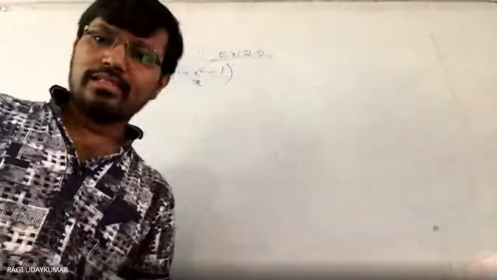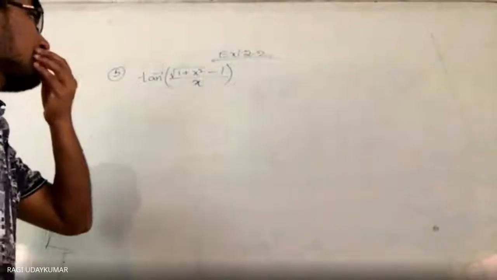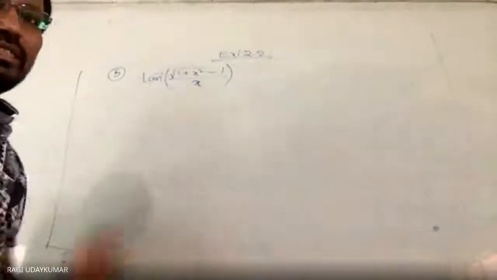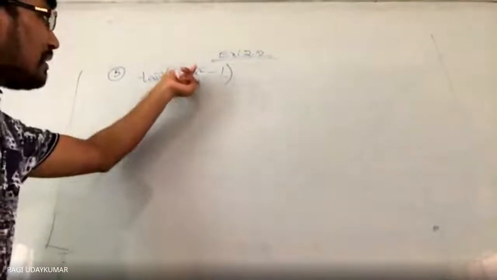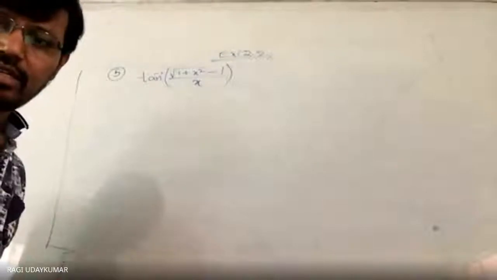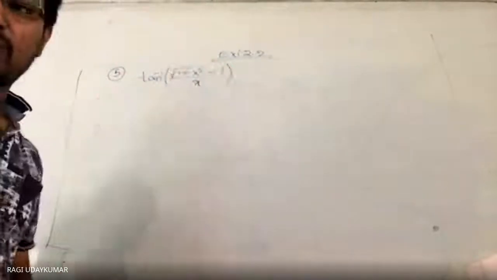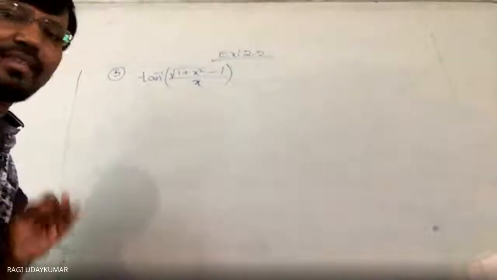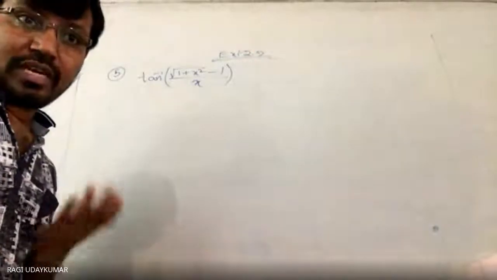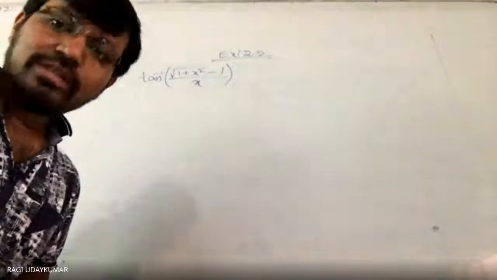See here, it is in a form where you are going to have 1 plus x square, and you are having tan. Whenever you see this problem, x can be replaced by either tan theta or cot theta, because 1 plus tan square theta is equal to secant square theta, and 1 plus cot square theta is equal to cosec square theta.